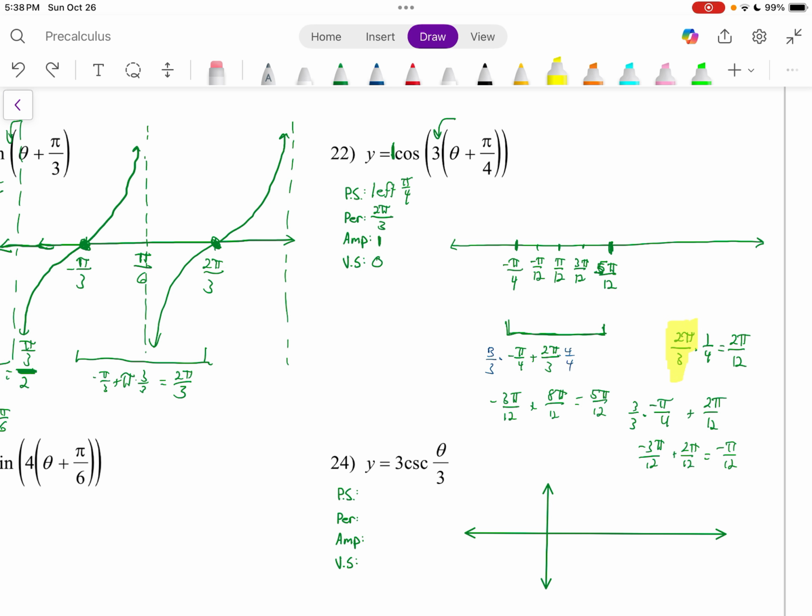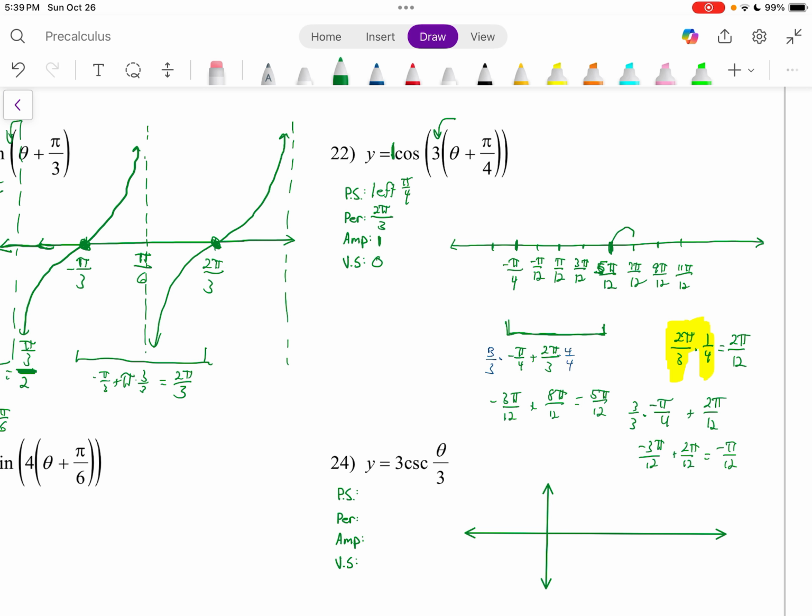We multiplied it by a quarter to show that each one of those sections there, you can go up 2 pi over 12. And we could keep doing that to find some of our other points. We could add 2 pi over 12 to get to this spot, which would give us 7 pi over 12, 9 pi over 12, 11 pi over 12. So hopefully you get the point there.